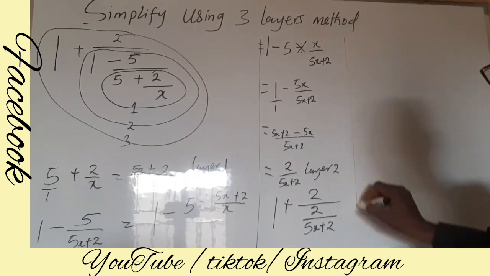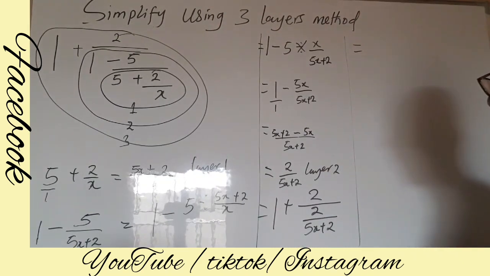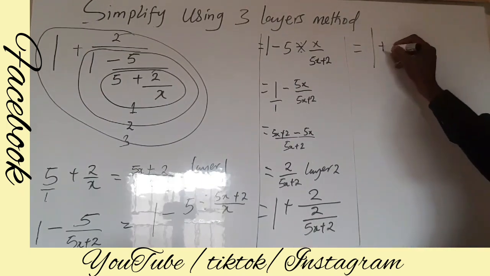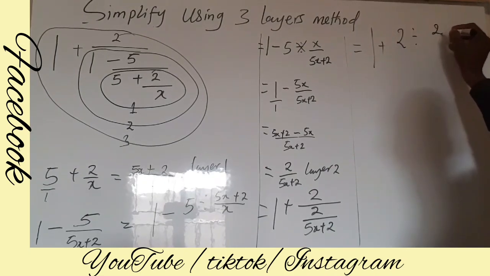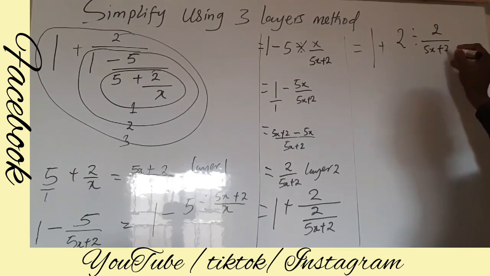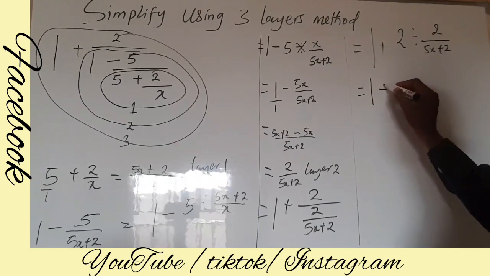So from there, we just bring our equality sign. It's very simple. We will set our 1, which is this one, then plus 2 divided by 2 over 5x plus 2. Okay, so this will be equal to 1 plus 2.